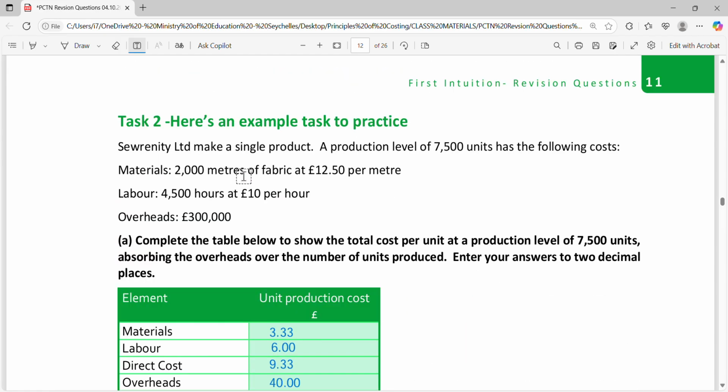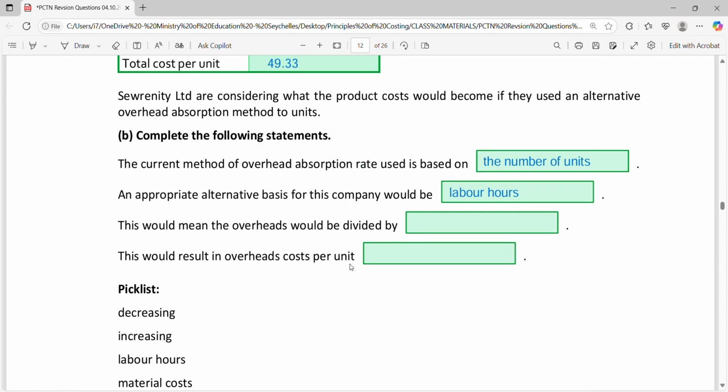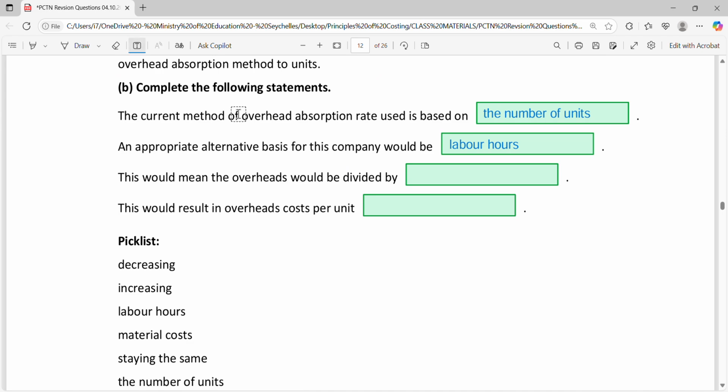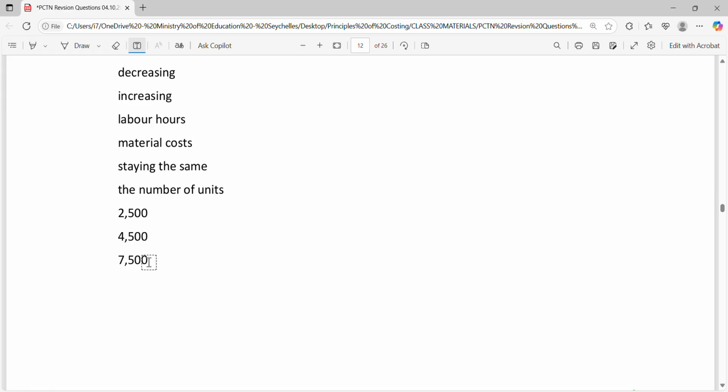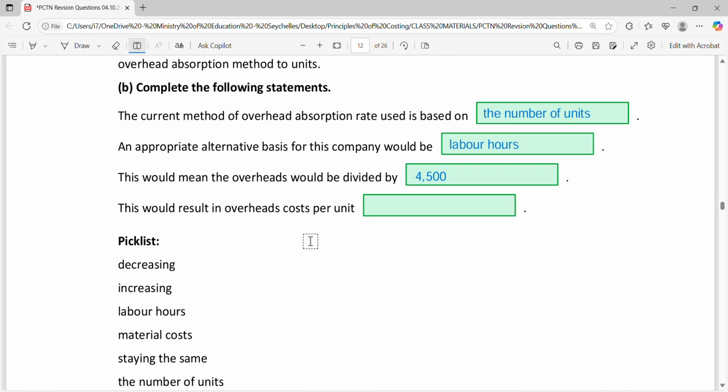So if we change it from the number of units to labor hours, we would now divide it by the number of hours, which according to this question, the labor hours that they are supposed to work, is 4,500. So you will divide this by 4,500. Yes, we actually have it from the pick list, correct?